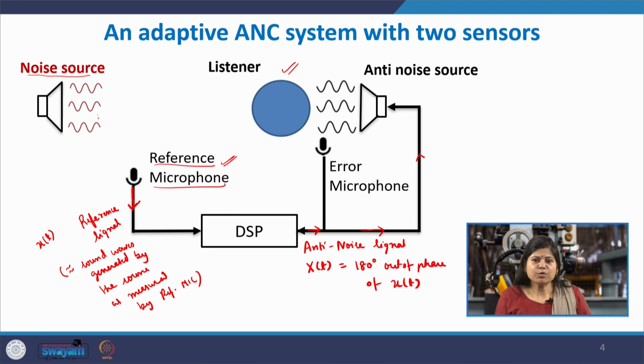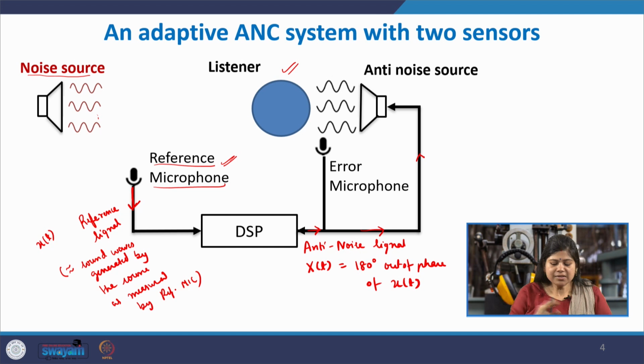At the same time, due to the various structural objects present in the pathway, there could be diffractions and scatterings. So, due to these various path effects, the signal actually reaching the listener's ear could be slightly distorted compared to what was measured by the reference microphone.